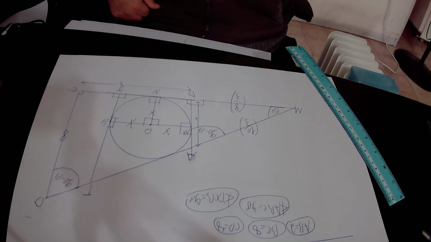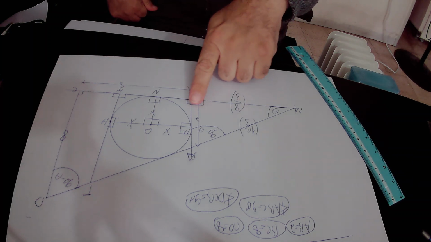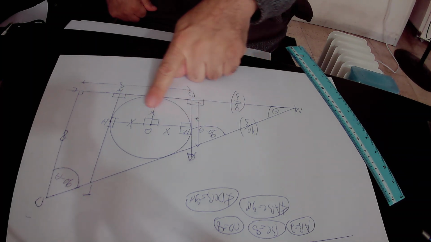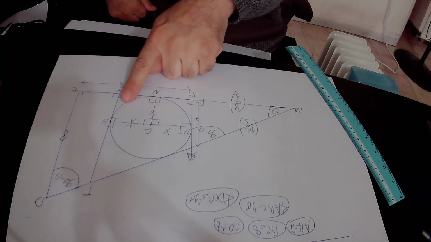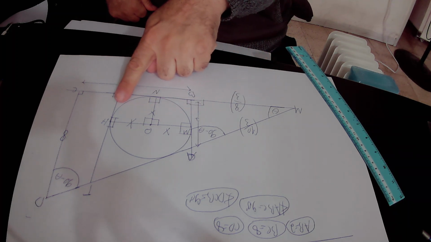Any angle that is equal to 180 degrees must be a straight line. Therefore, MOH is a straight line. If MOH is a straight line, then MH is also a straight line.